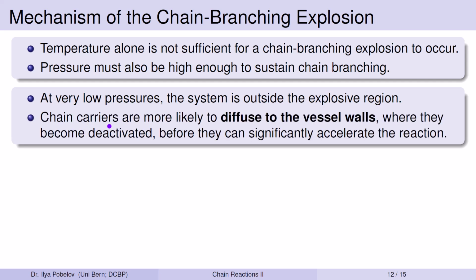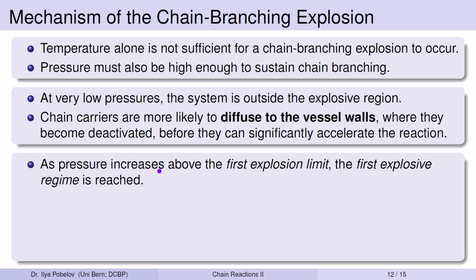Chain carriers are more likely to diffuse to the vessel walls, where they become deactivated before they can significantly accelerate the reaction. This leads to chain termination and suppression of chain branching, and no explosion occurs.